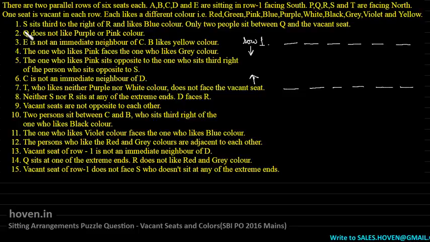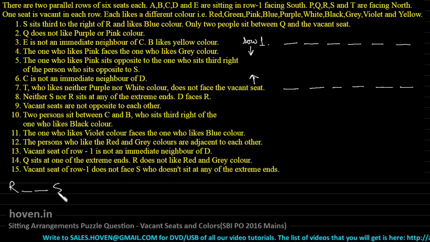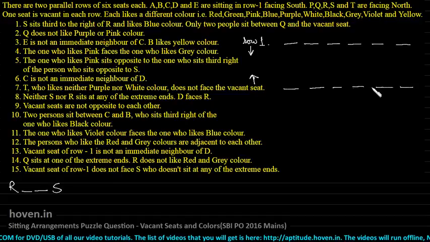Let us start. S sits third to the right of R. Now we already know that S and all are sitting on this row. S sits third to the right of R. This means the story could be like this: R space space S. Only 2 people sit between Q and the vacant seat. This means Q is also in the lower row.